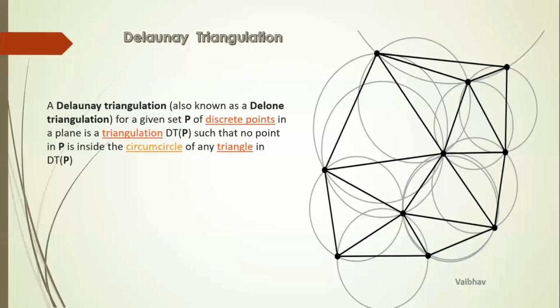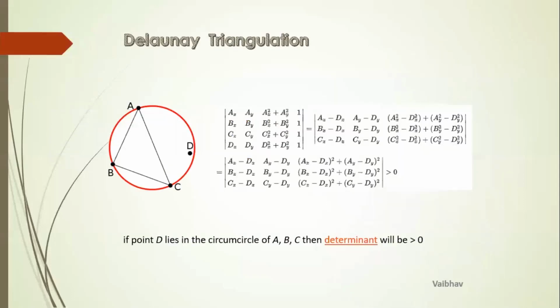Now, how do we determine and validate Delaunay triangulation? A very straightforward approach can be seen on the screen. We have 3 points, A, B, C. We connect them, we get a triangle, and then we draw the circumcircle of the triangle.